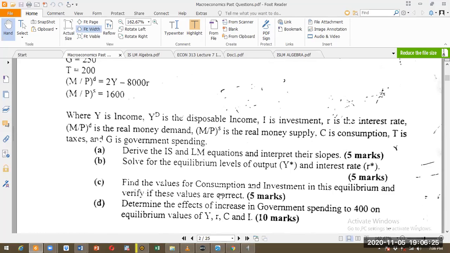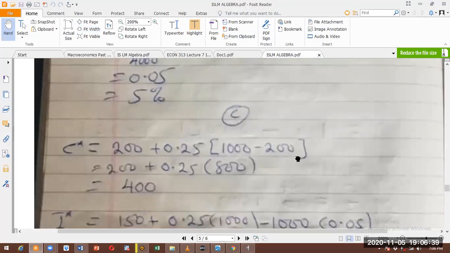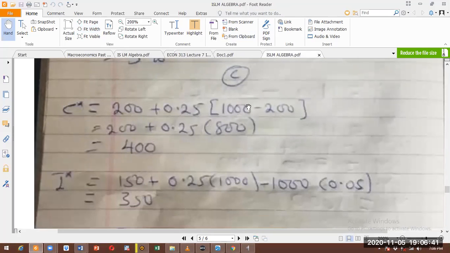You have to find the values of consumption and investment in this equilibrium and verify if these values are correct. Okay, so we have to find C and then I. So consumption, we just go there. We have Y, we know T, we just do substitution.